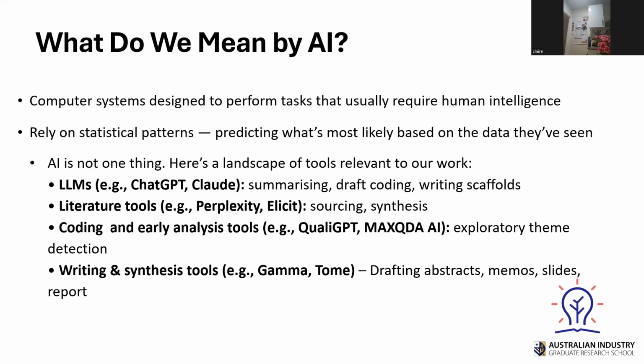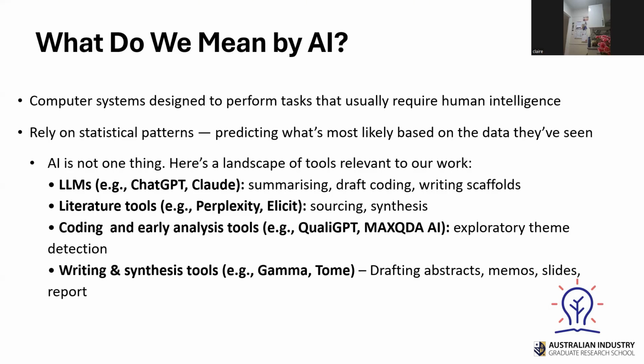Obviously, AI is becoming incredibly prolific in terms of how people are using it, and a lot of people are using it in therapeutic ways as well. So there's a broad range of uses. That's not suggesting they are necessarily good or bad, just stating that these are ways that large language models are being used. We also have specific tools.